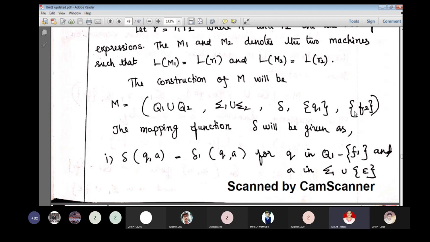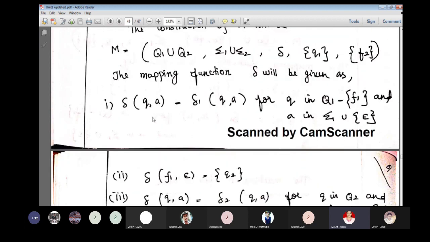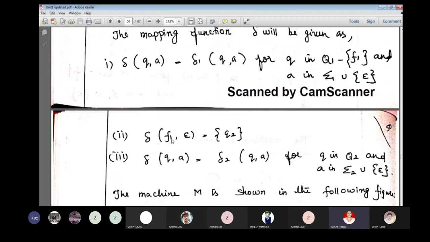The mapping function delta can be given as follows. All the transitions, that is delta of Q comma A, is equal to delta 1 of Q comma A. Then delta of F1 comma epsilon is equal to Q2.